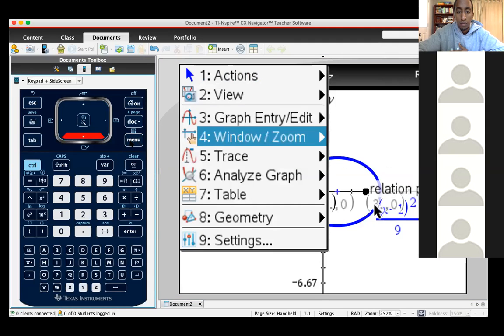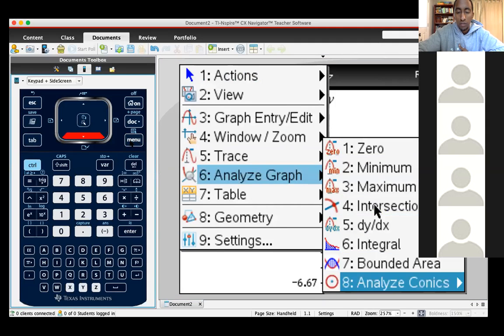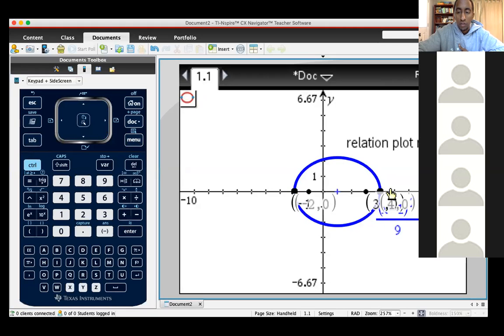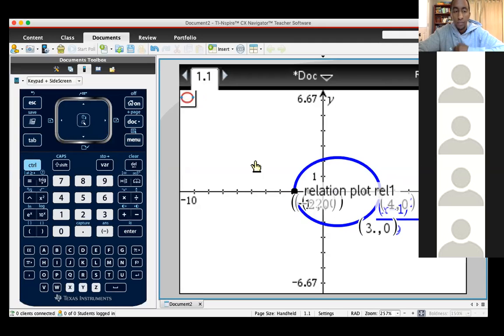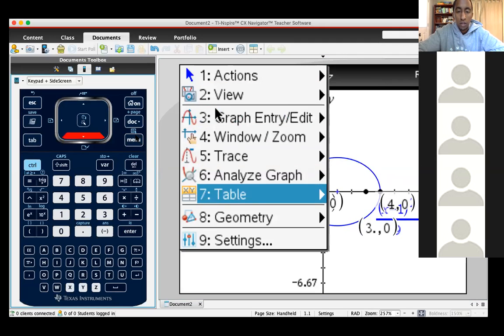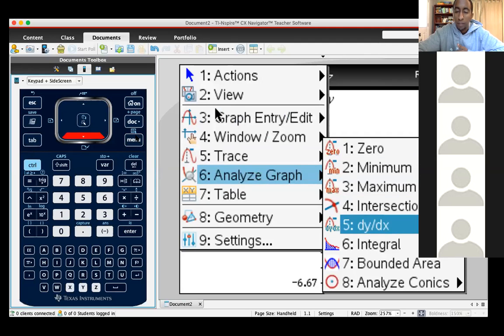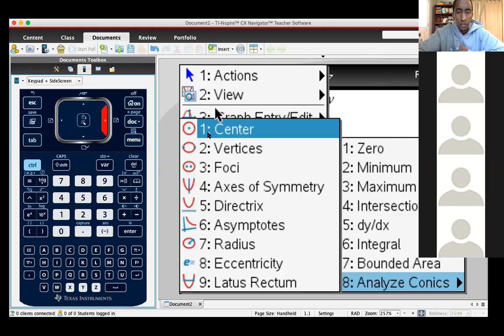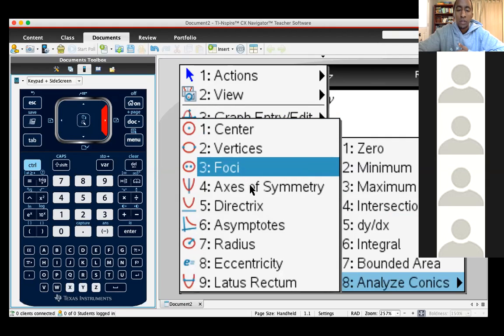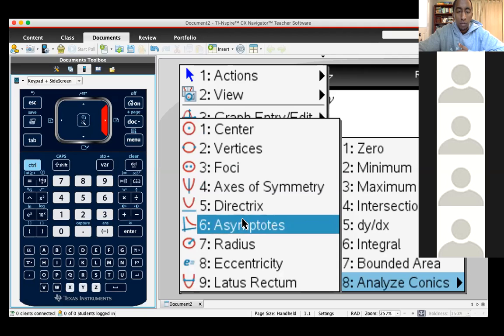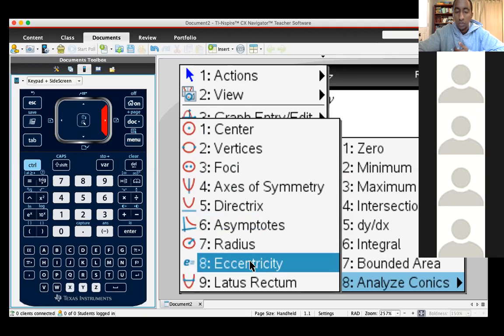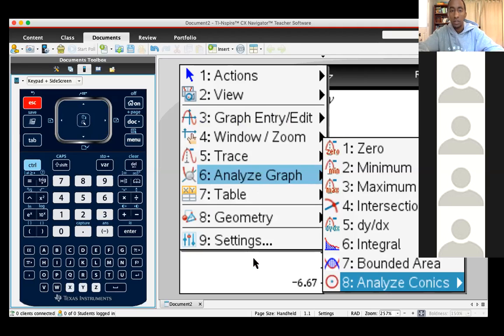And you can mess with it and do different things. Like if you want to see the vertices, you can highlight over this, and it'll show you the vertices out here, 4, 0 and -1, 0. So just a feature that you could use. It might be on the iPad, I'm not sure. So center, vertices, foci, axis of symmetry, that's for parabola, asymptotes, we'll talk about that later. Radius is for circle. Eccentricity, we're about to talk about that right now, actually.